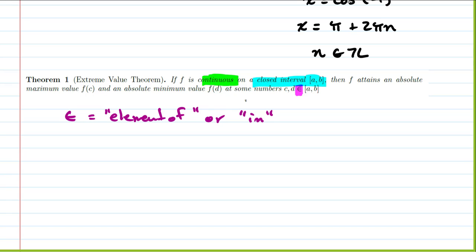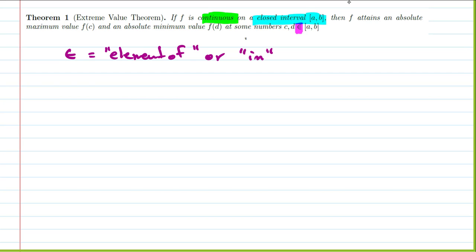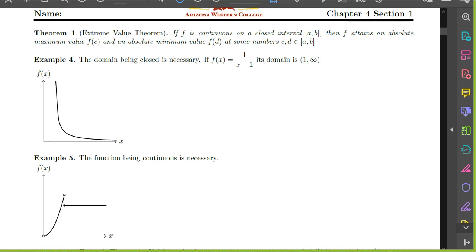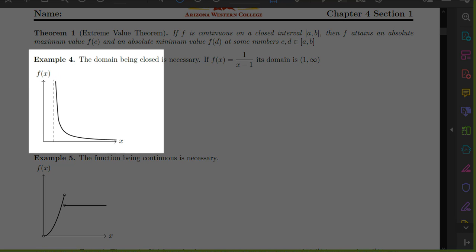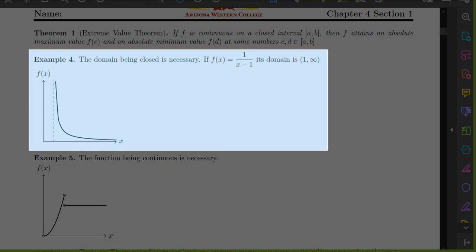So this basically tells us that if f is continuous on a closed interval, we are guaranteed to have a maximum value and we are guaranteed to have a minimum value, both of them absolute. All right, so before we actually use this, let's see that each of those two conditions that were highlighted are necessary.